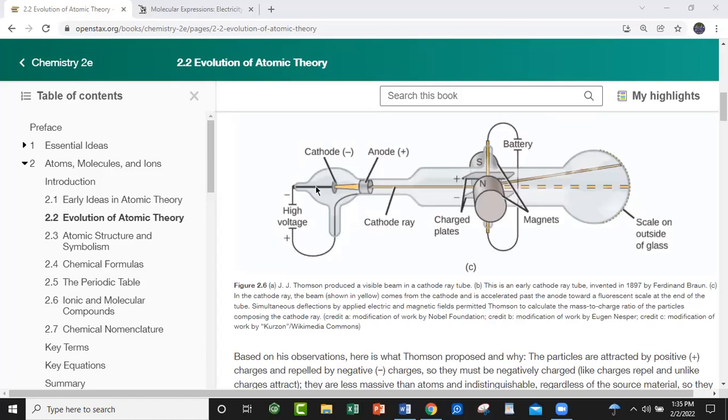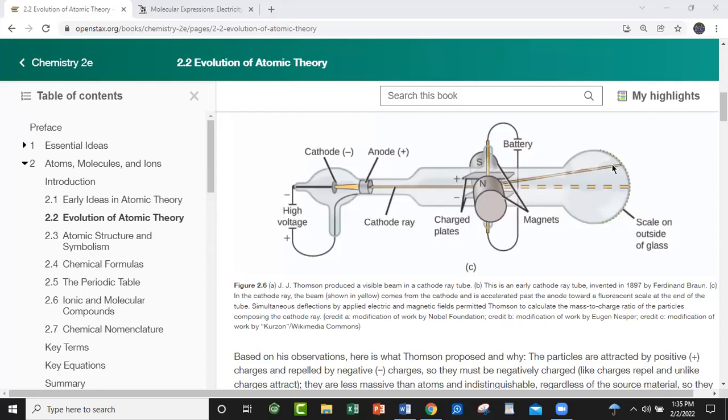And what he noticed was that with the cathode ray, notice how the beam kind of shifts up here. That's because the particles that make that ray up are attracted to this positively charged plate up here. So there's some negatively charged particle that makes this cathode ray up, and it's attracted to this positive plate. So that's why you see the bend here.